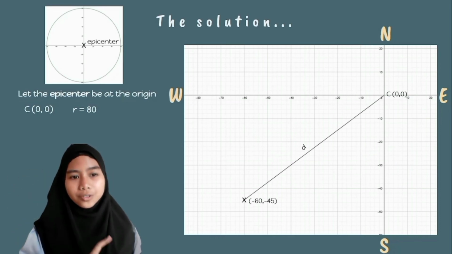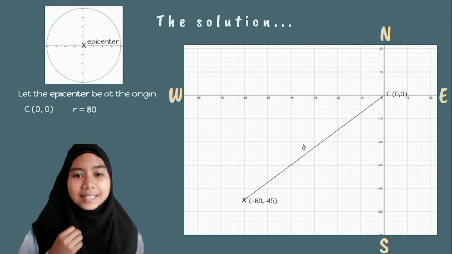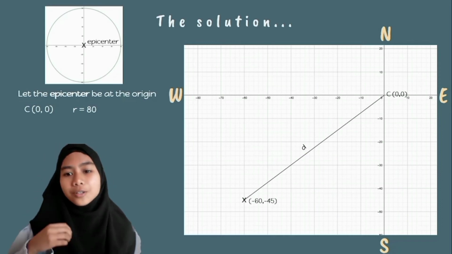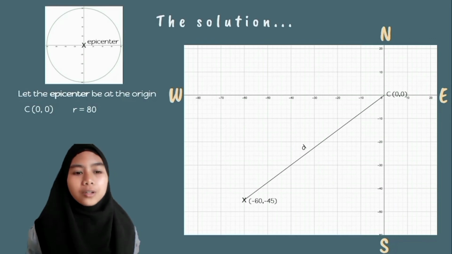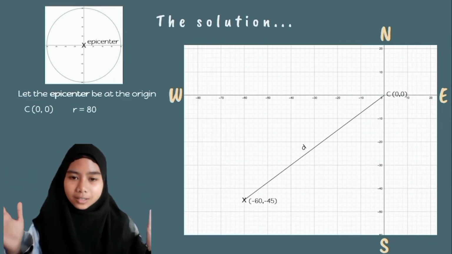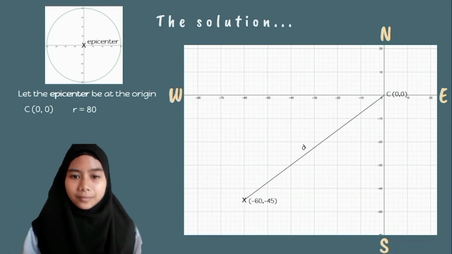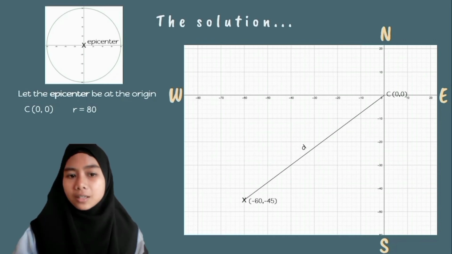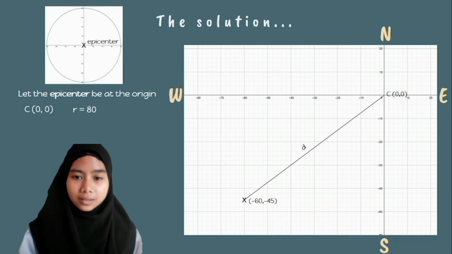So, one way to solve this problem is to get the distance from the epicenter to your location. Then, we will compare the distance to the radius of the given circle. If the distance is less than 80 miles, the radius, then obviously you are within the coverage of the circle, thus you can feel the earthquake.